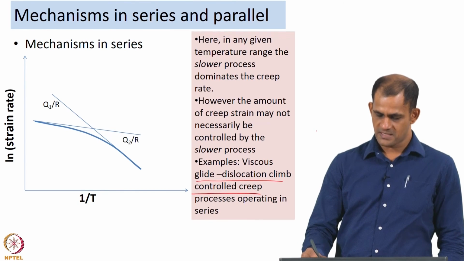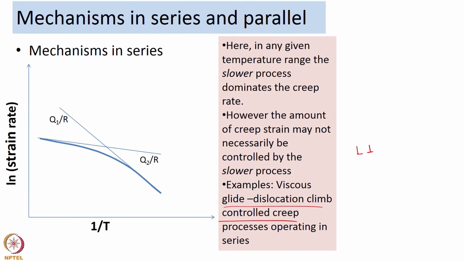You have a glide of dislocations, and the glide has to be supported by climb of dislocations for this process to continue. If the climb of dislocations is not fast enough, then the contribution of glide to the total deformation is going to be limited. So, here the climb of dislocations is rate controlling.